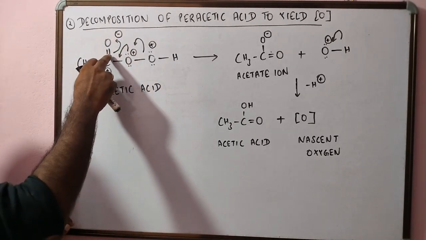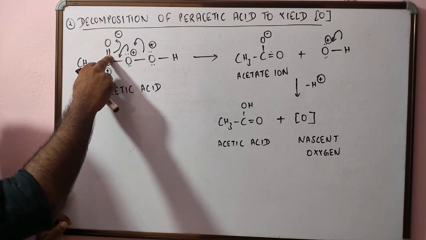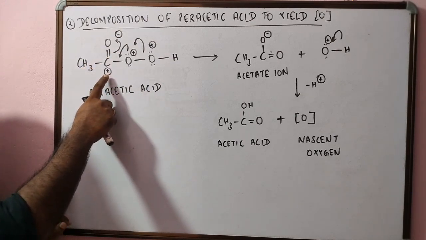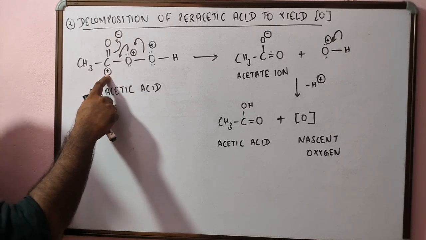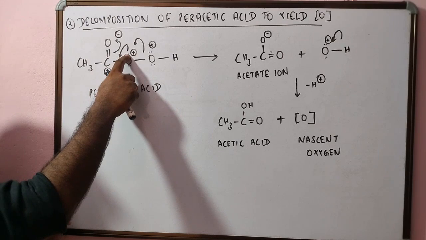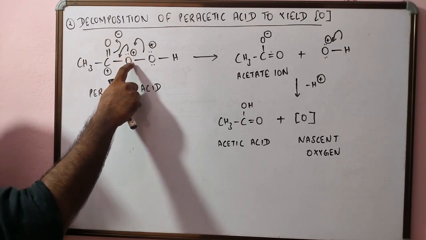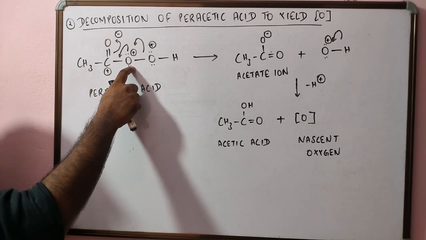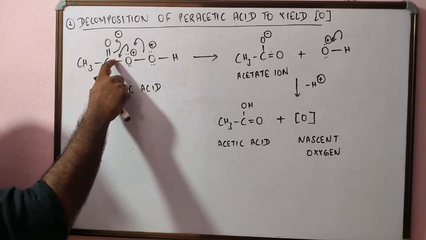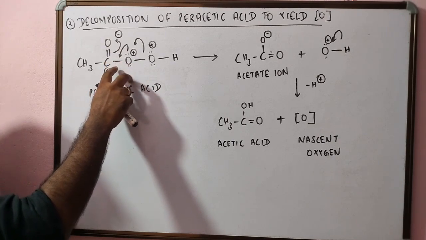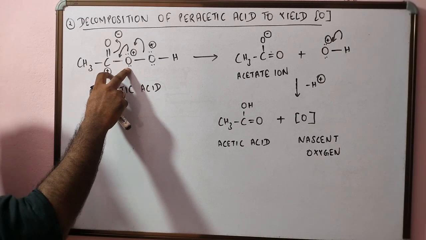The carbon, because it has lost its bonding pair of electrons, becomes positive in charge. The positively charged carbon atom now attracts the lone pair of electrons of the neighboring oxygen towards itself, thus establishing a second covalent bond with this oxygen.